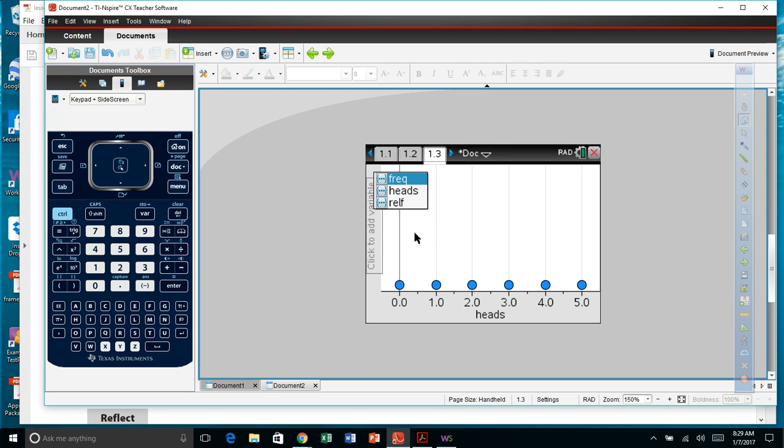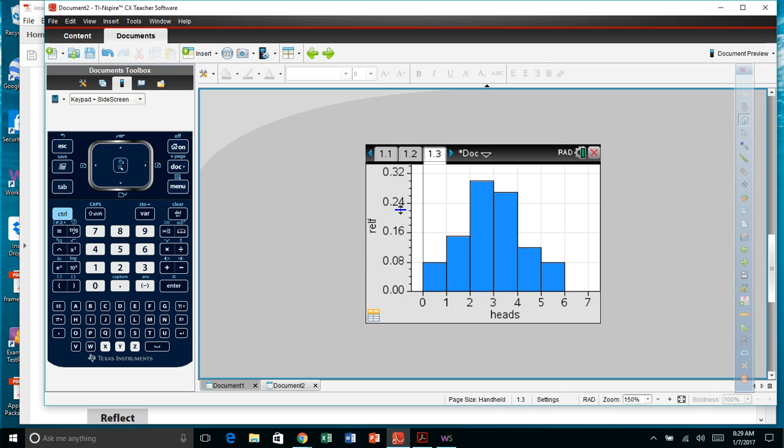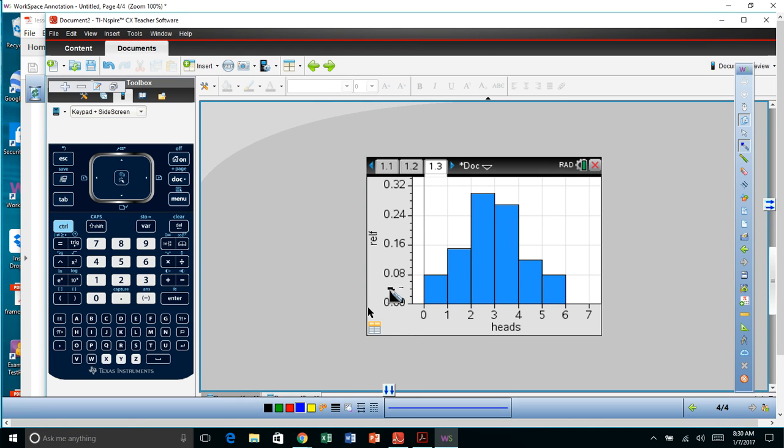Click on that, and there we go. Relative frequency. Add summary list. Okay, so take a look at that. If you'll notice, it's approximately normal.